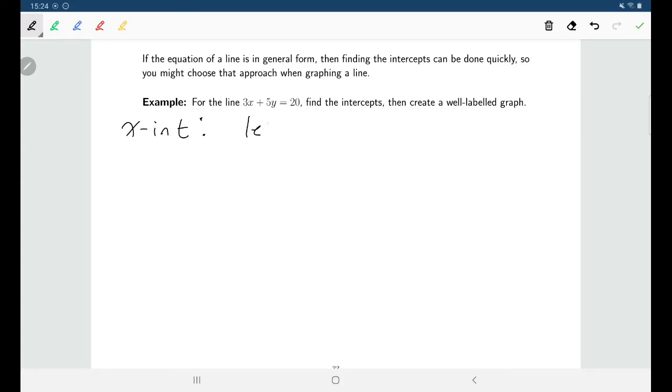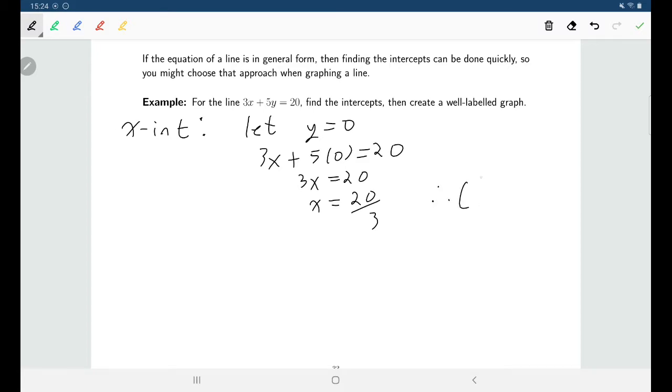So for my x-intercept, I'm going to be letting the y value be 0. And so that means I would have 3x plus 5 times 0 equals 20, or 3x equals 20, or x is 20/3. So I have my x-intercept, 20/3, comma 0.